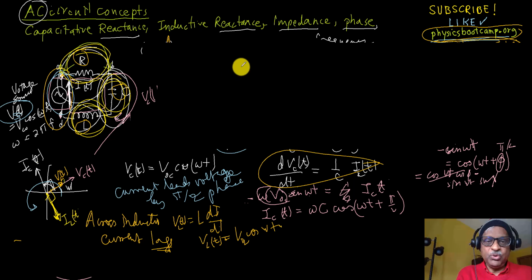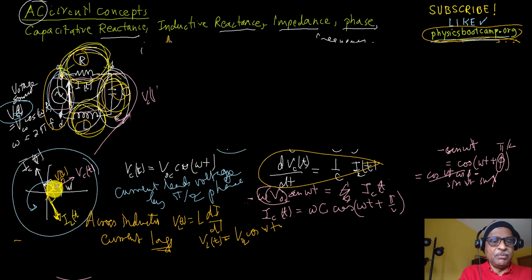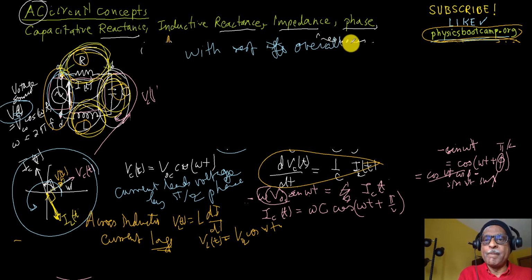So this is with respect to the voltages. I picked the voltages in the same direction, but because the same current goes through all of this, I want to do it with respect to the overall current phasor. So I want to draw a diagram, because that's normally how people draw these diagrams.